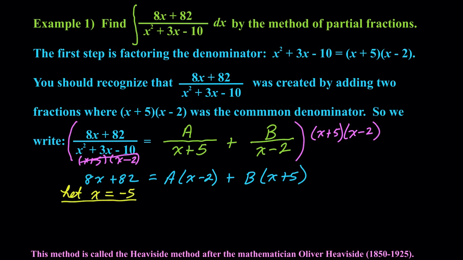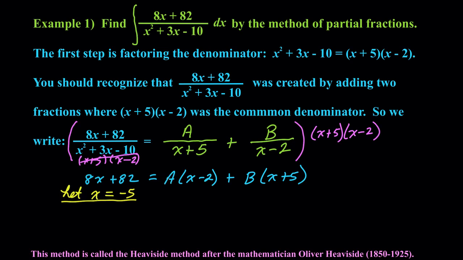So if x is equal to negative 5, and the reason I'm choosing that value is because if x is negative 5, this parenthesis will be 0, and that times b will knock out the b out of the problem. All right, so we will then be able to solve for a.